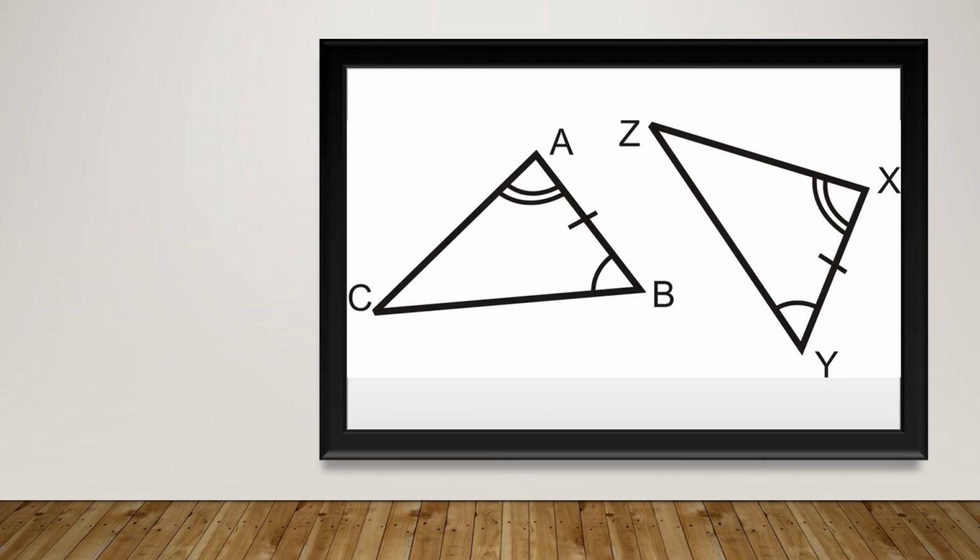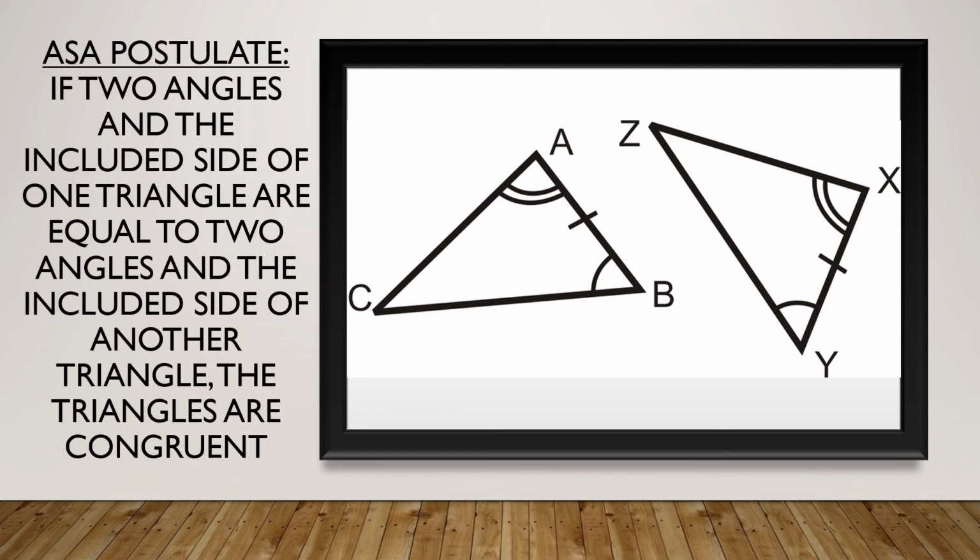In order to determine if two polygons are congruent, we don't always really need to know every little detail about them. We just need to know a few things. And this leads us to our first postulate for this lesson, and that is the angle side angle postulate, which is abbreviated ASA.